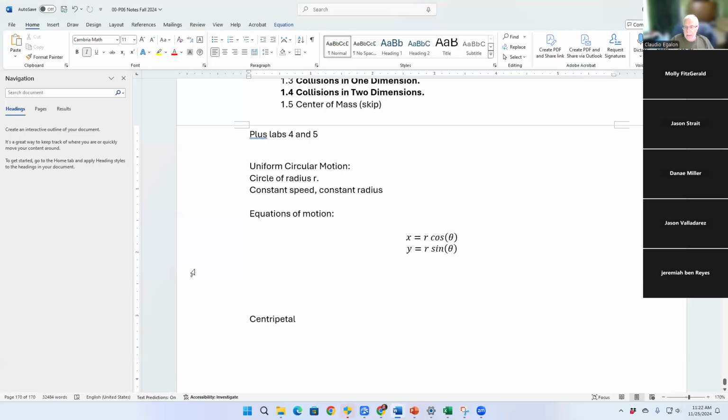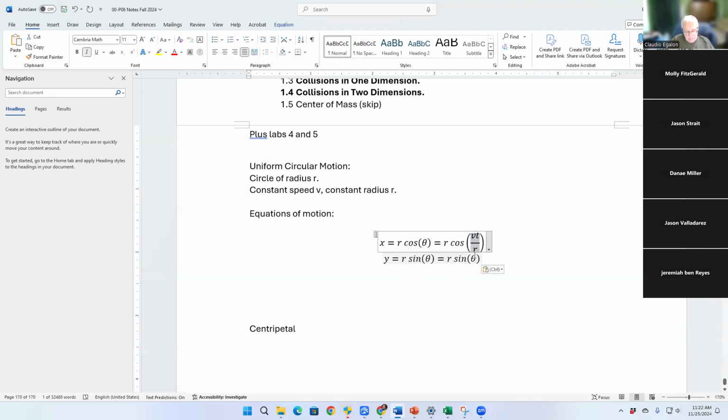And this angle theta increases linearly with time. It is going to be Vt divided by r. The angle theta is delta S over r, and delta S is Vt, with constant speed V and constant radius r. It's the same thing that we get for this one, Vt over r.